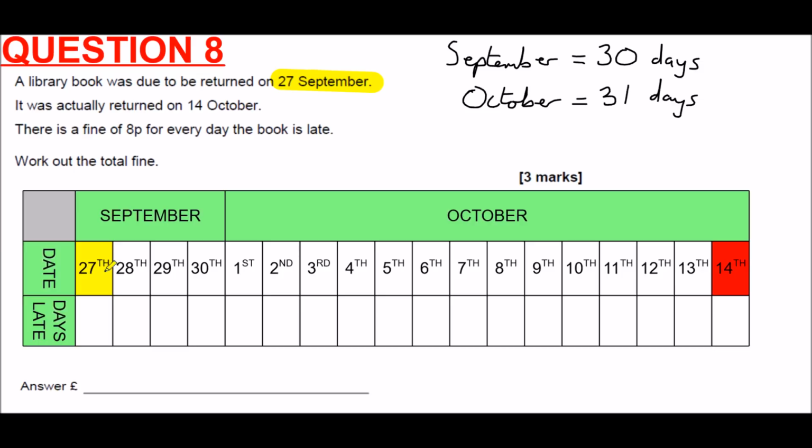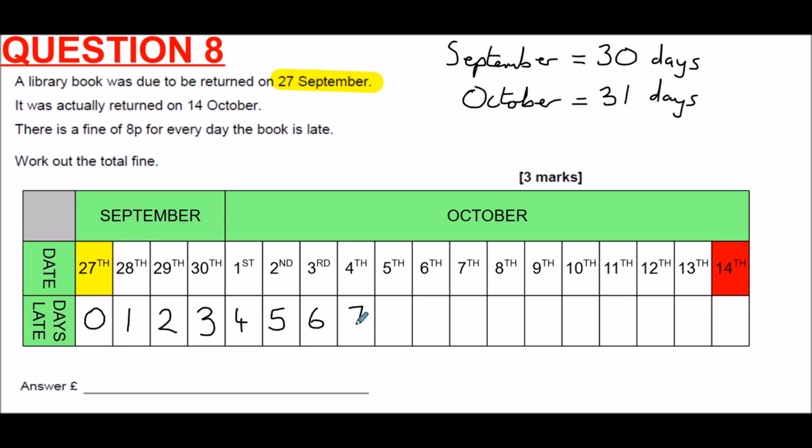That wouldn't have been late at all. It would have been barely on time, but wouldn't have technically been late. The first day late would have been the 28th of September. 29th would be the second day late. Then the 30th of September would be 3 days late. After the 30th of September, the next day is the 1st of October.